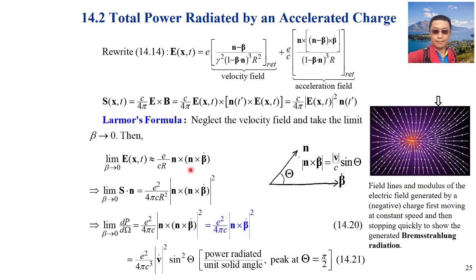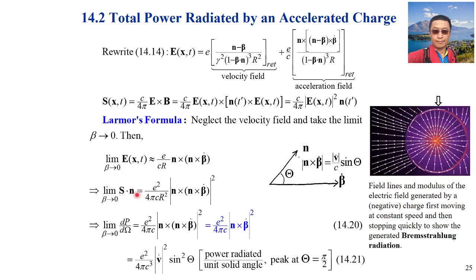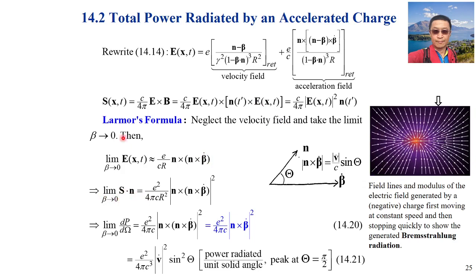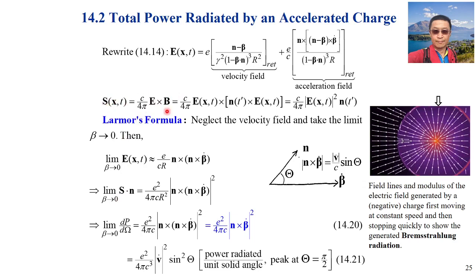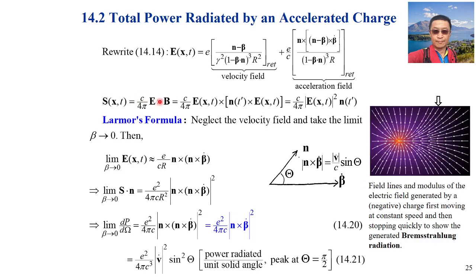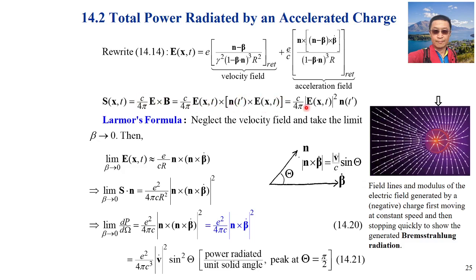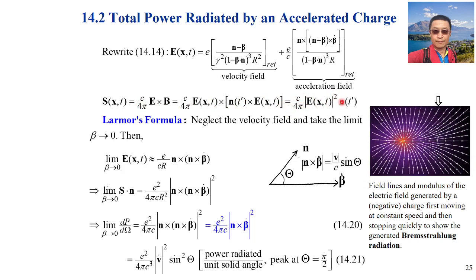Okay, so with n cross beta dot, we can calculate the Poynting vector. S is the Poynting vector in Gaussian units, with E here and B here. Eventually we get c over 4 pi times E squared times n.